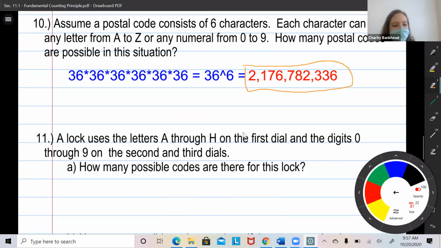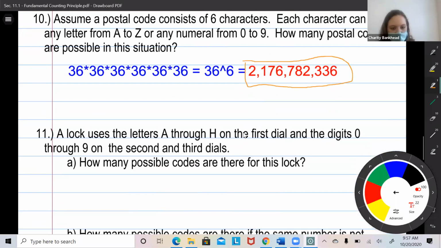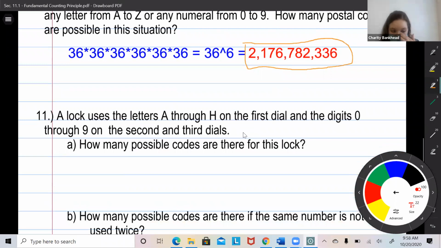All right, number 11 says a lock uses letters A through H on the first dial and digits 0 through 9 on the second and third dials. How many possible codes are there for this lock? So A through H, so A, B, C, D, E, F, G, H. So that's 8 possibilities for that.